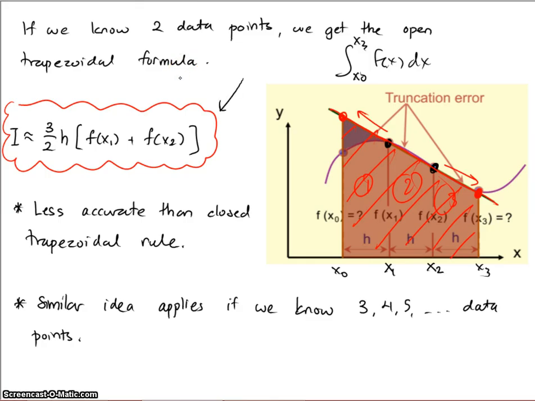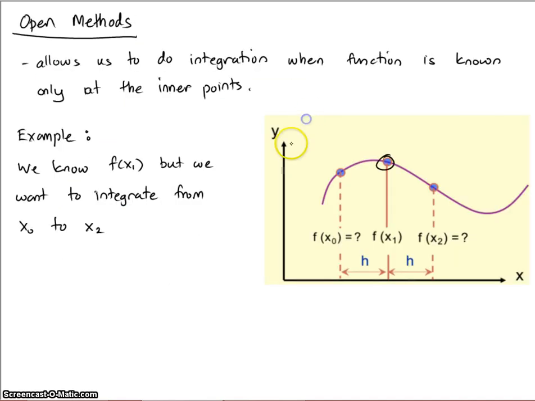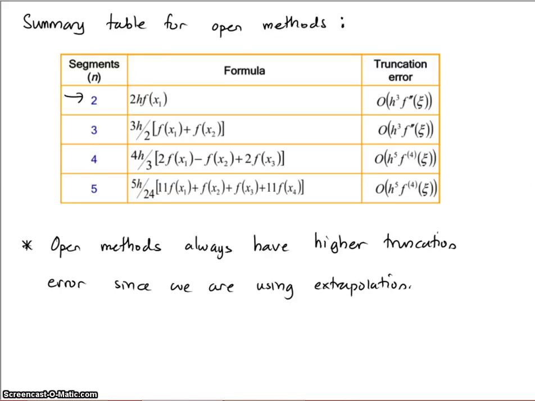The same extension can be done for the case where you have 3 points, 4 points, 5 points and so on. A table is prepared here for you to see how these formulas relate to the number of segments that you have. If you have 1 point but you have 2 segments, then the formula to calculate the integral would be given by 2h times f1, which I've shown to you earlier.